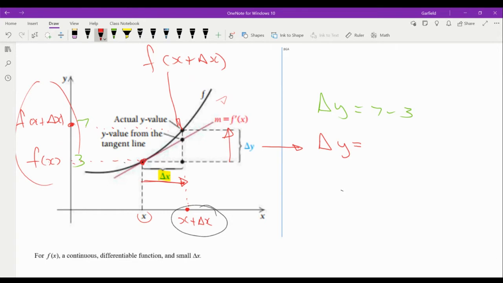No, it has nothing to do with numbers in green. What is the top number? Our top value. This is our top value here. And this is our bottom value. So delta y would actually be equal to f of x plus delta x, which is the top value, minus the bottom value.